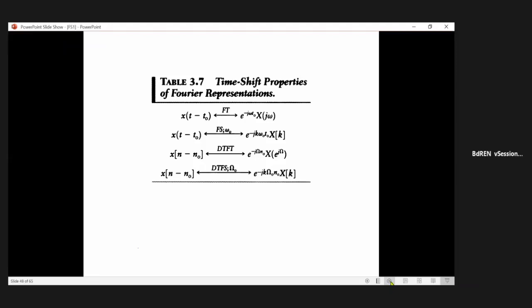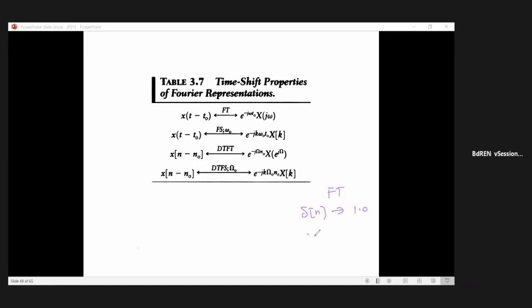The time shifting property. We have already discussed it when we covered the discrete time Fourier transform, and even the continuous time Fourier transform. For example, if we have delta[n], then its Fourier transform is equal to 1.